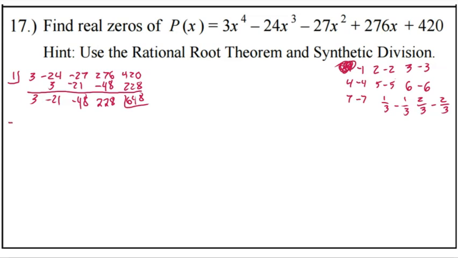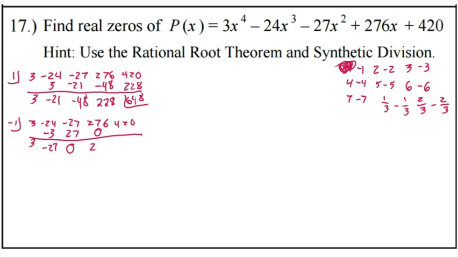Now let's try negative 1. Negative 1, do 3, negative 24, negative 27, 276, and 420. All right, so draw this, bring down the 3, times negative 1 is negative 3, plus negative 24 is negative 27, times negative 1 is 27, minus 27 is 0, times negative 1 is 0, plus 276 is 276.